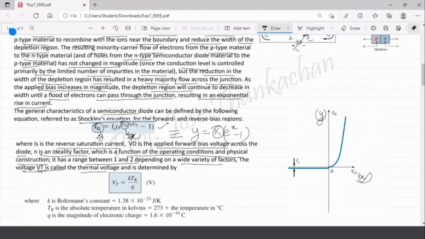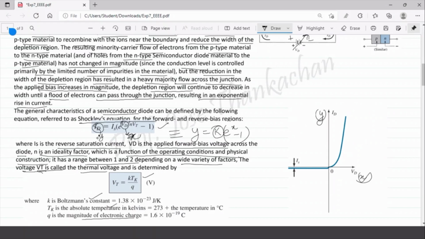What is Vt? Vt is known as the thermal voltage of the diode. And what is the expression? How do you find out this thermal voltage? This is K into Tk divided by Q, where K is the Boltzmann's constant, and Tk is the absolute temperature in kelvins. And Q, we already know, is the magnitude of electronic charge, 1.6 into 10 raised to the minus 19 coulombs.